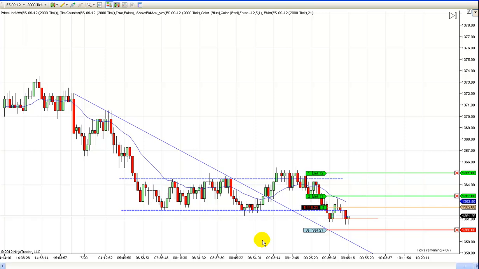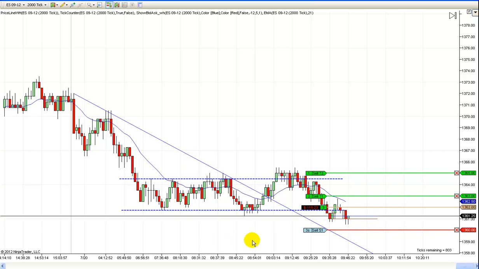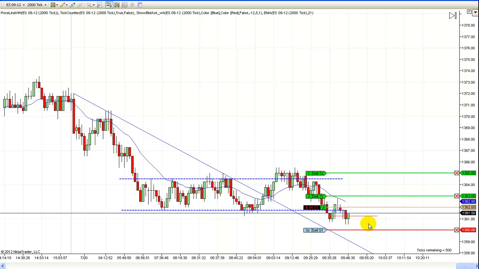And I love when you get a tick or two lower than the other side, because you know you got trapped shorts there, the ones that want to go short down here.